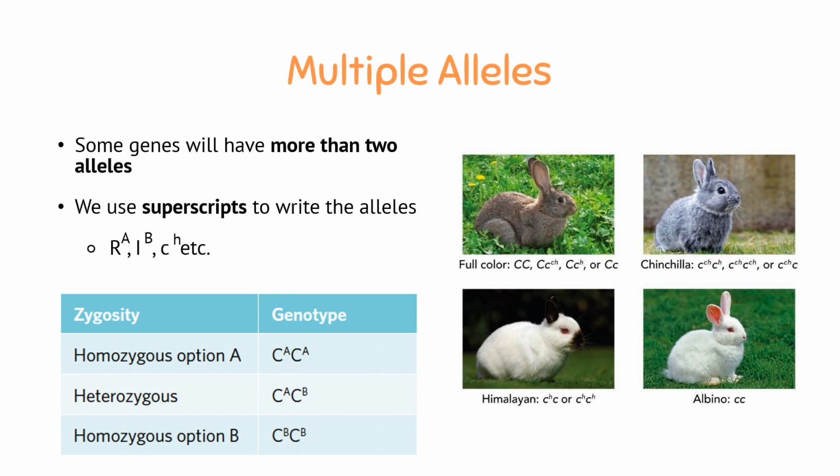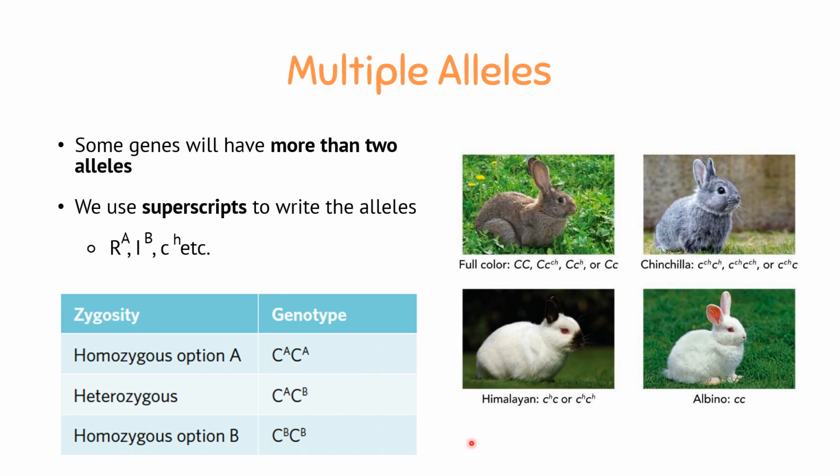So far, we've been looking at a lot of genes that only have two alleles, a dominant and a recessive. However, some genes will have more than two alleles, and we use superscripts to write these alleles. The little letters up the top, that's what we call a superscript.